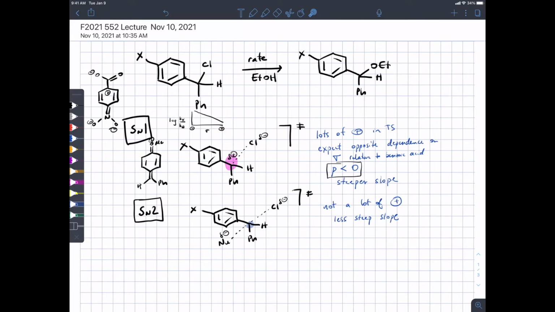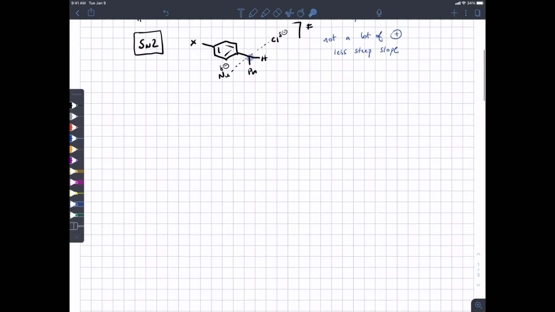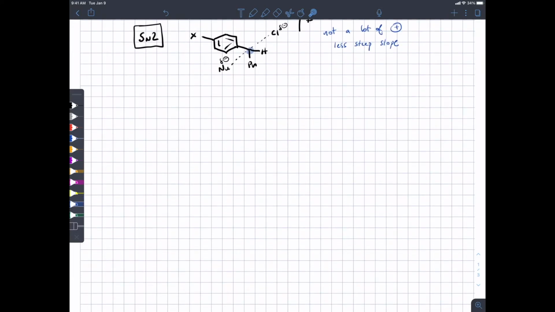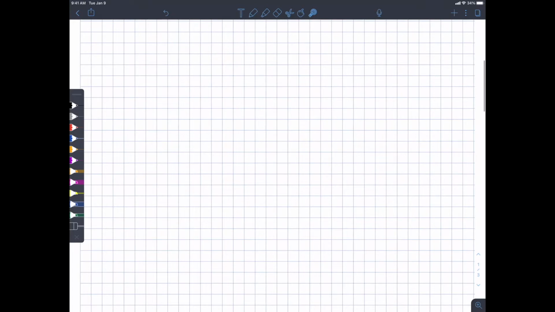So let me show you an example of a study where Hammett parameters helped to distinguish between two possible mechanisms. The story is a little bit convoluted, but it starts with a molecule called an aryl carbamate.